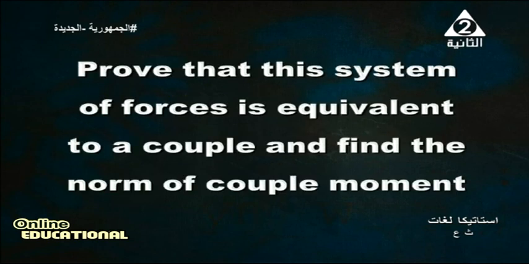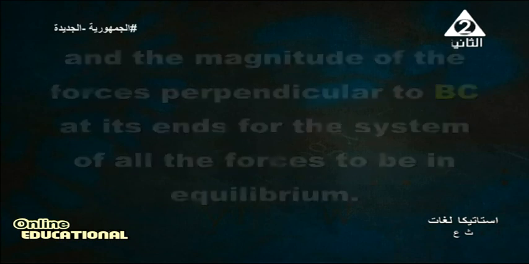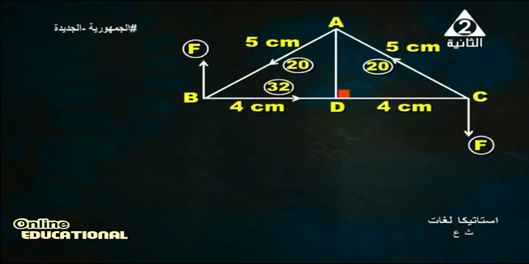Prove that the system of forces is equivalent to a couple and find the norm of the couple, and the magnitude of the forces perpendicular to BC and its end for the system of all forces to be in equilibrium. Look at the solution to find the moment of the couple. Look at ABC. This is an isosceles triangle.